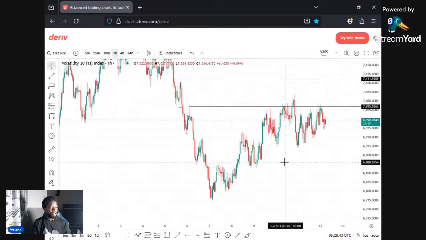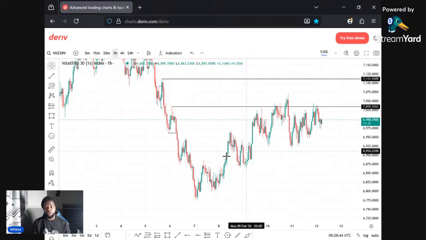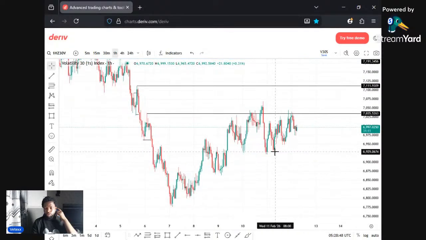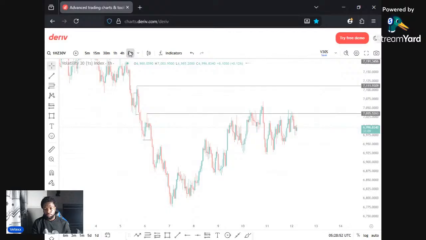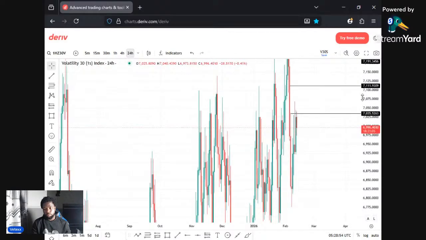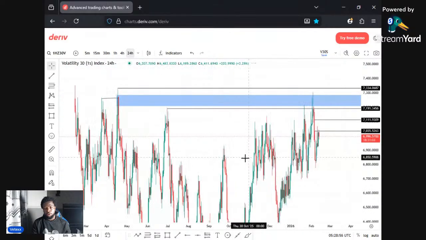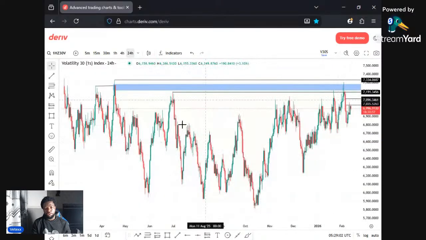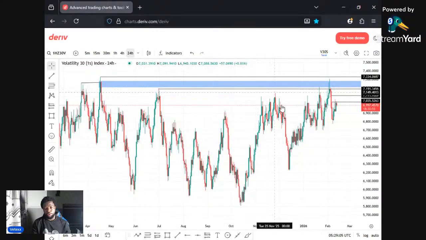We already had a setup on V30 index, but price never gave us what we wanted. It's bearish on the 24-hour time frame like this, but it hasn't given us what we are looking for.